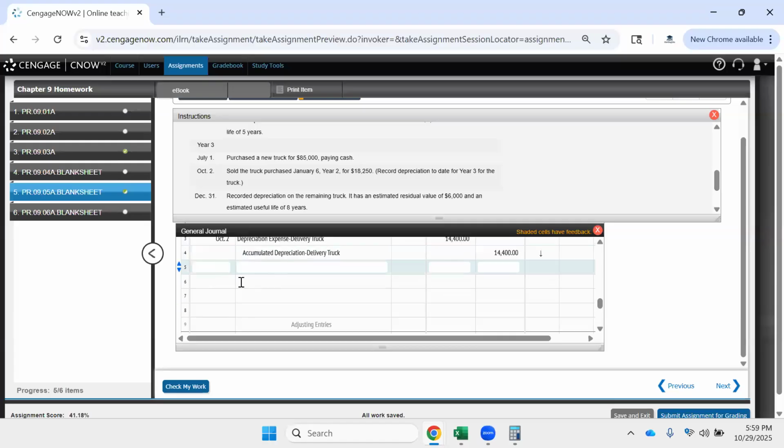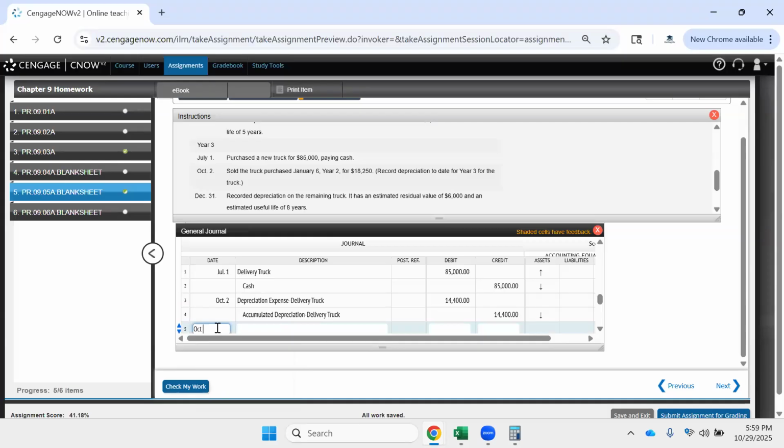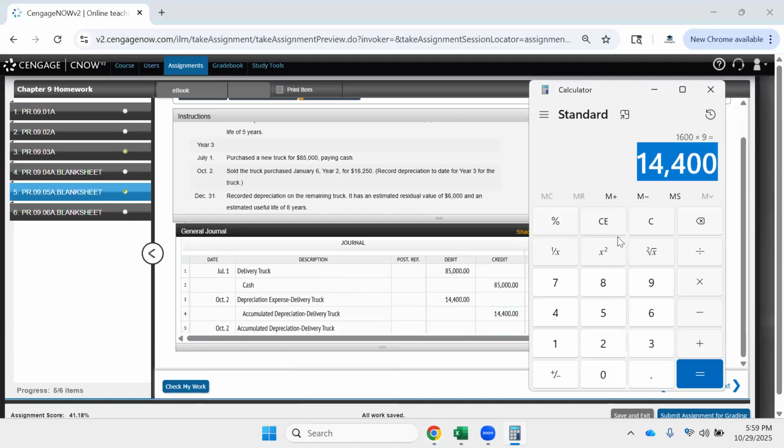And then we're going to record the sale of the truck. And so we need to debit our accumulated depreciation for 14,400 plus the 32,000 from year 2. And that's 46,400.